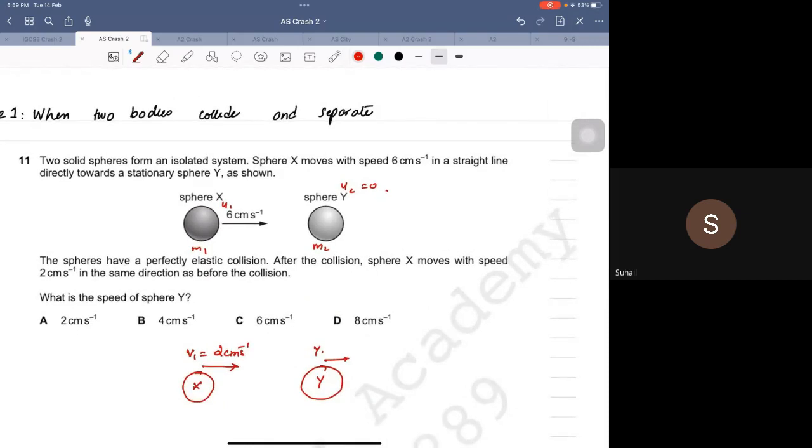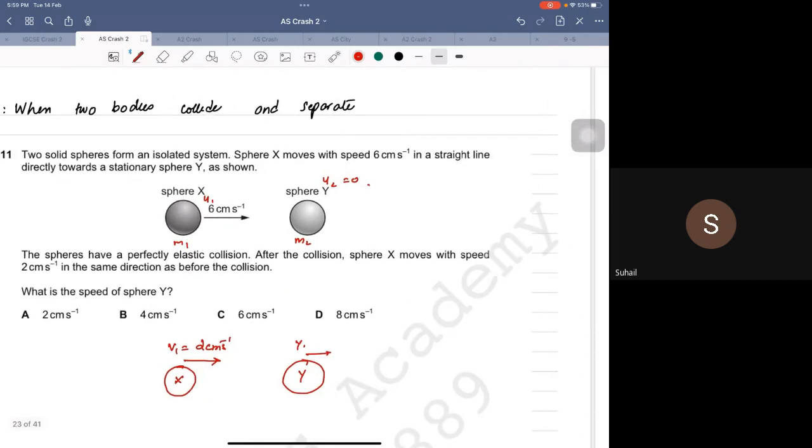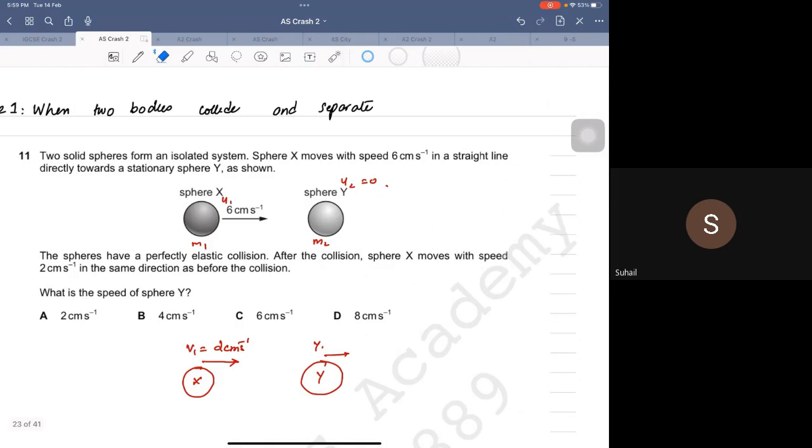The issue with this question was that the masses were not given. The only information was that the spheres have a perfectly elastic collision. The moment I read this, I should remember it's u1 minus u2 equals v2 minus v1. This is what we're doing, and then I'm going to apply the directions.